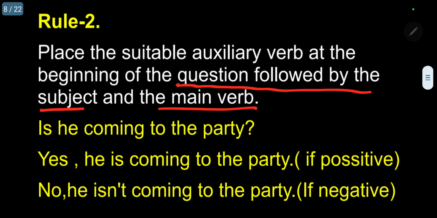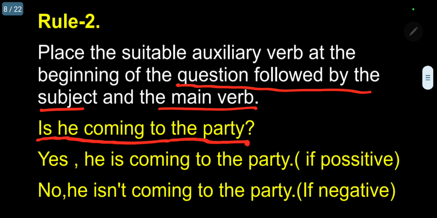A simple example, I am giving a question now, using is as an auxiliary verb. Is he coming to the party? In Tamil, அவன் விருந்துக்கு வந்து கொண்டிருக்கிறானா? Is he coming to the party?